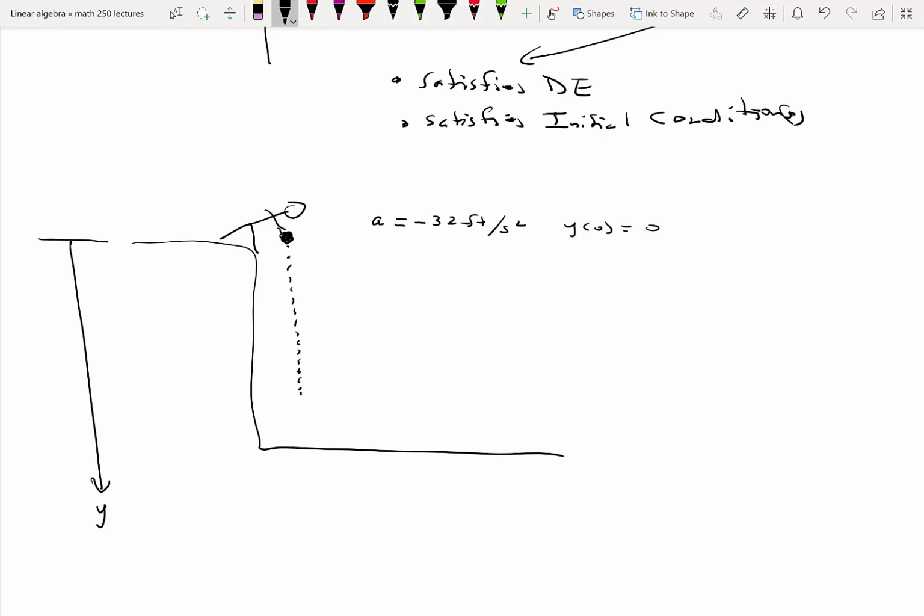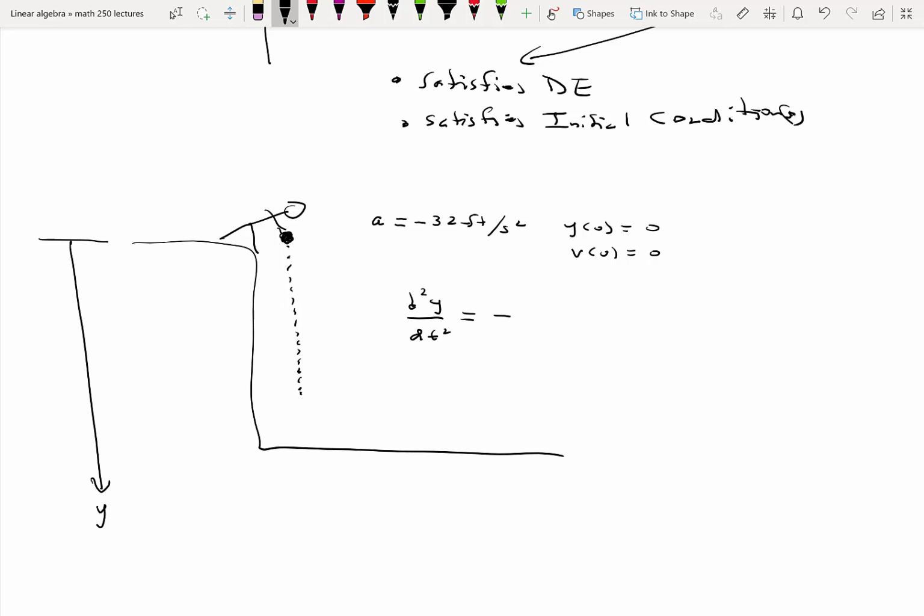If the person just lets the ball go or the rock go without tossing it down or up, you have an initial velocity of, let's say, 0. And this is an initial value problem. Why? Because acceleration is the second time derivative of position. You learn that in Calc 1. It's really fundamental in physics.